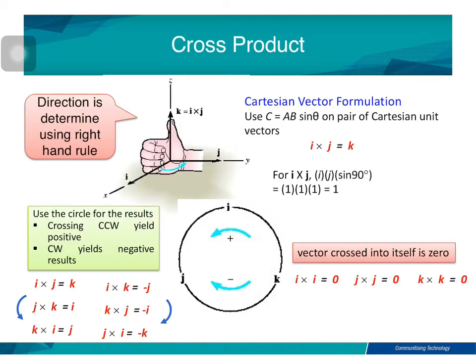Based on this circle, counterclockwise, I cross J gives positive K, and K cross I gives J. Now we try crossing clockwise, let's say K cross J. K cross J gives negative I. Alright?